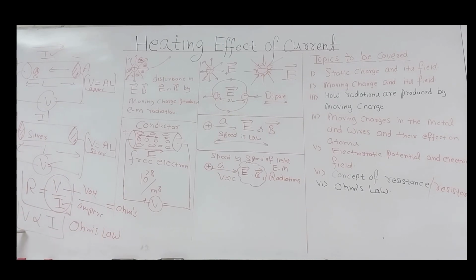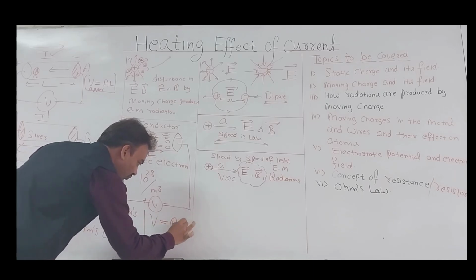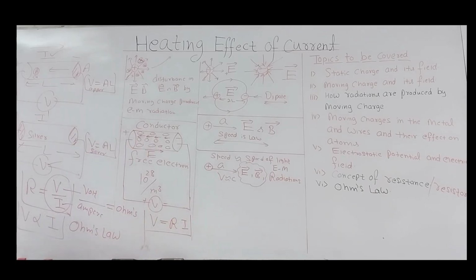If we remove the proportionality sign, then we can say V is equal to R into I, where R is a constant of proportionality. Mathematically, R is a constant which correlates the voltage and current, showing how the current changes by changing the voltage in a wire.